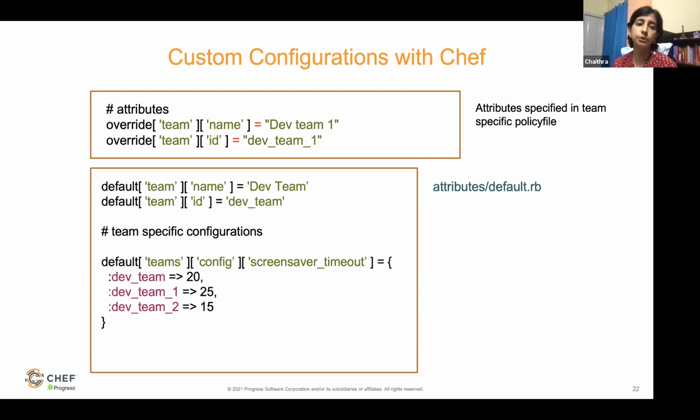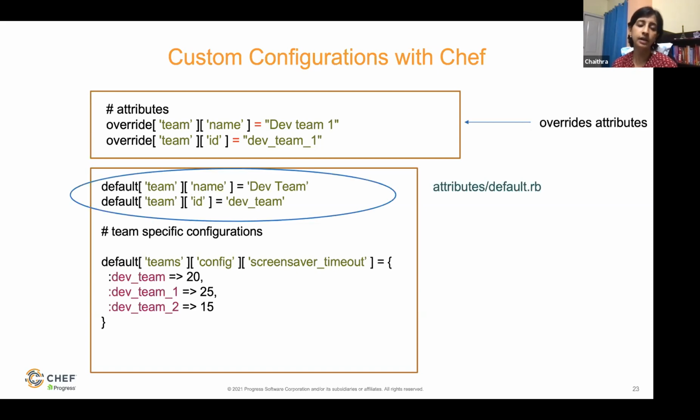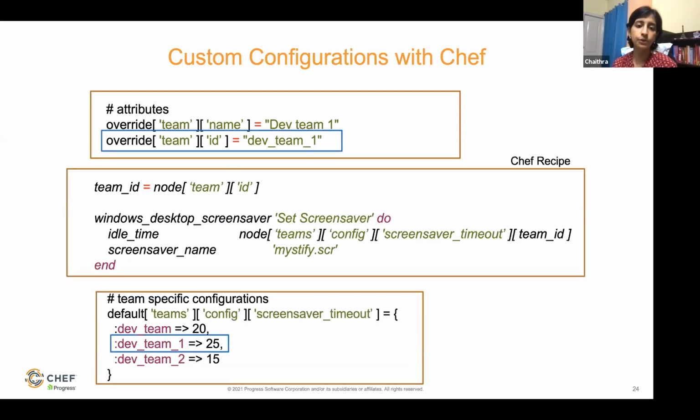When you plan to run configurations for a particular team, you could specify the attributes in the policy file, and these attributes would override the default attributes that you define in the attributes file. So we can have a single recipe which could configure the screensaver timeout that you would require for dev team 1, and it would be picking it up from the attributes that you've defined in your attributes file.